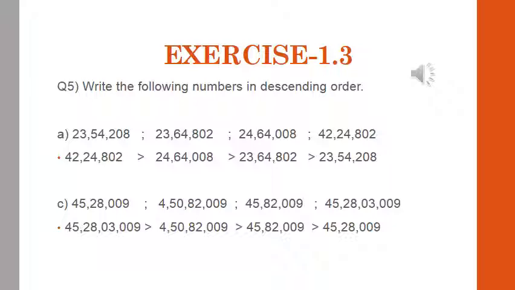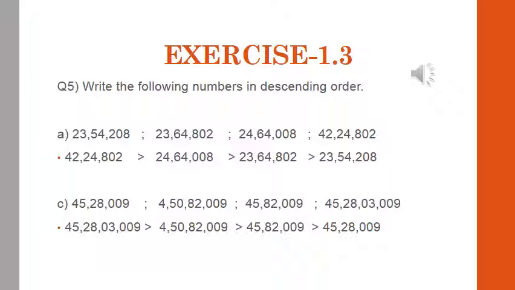And then the next smallest number to it is 4 crore 50 lakh 82,009, obviously. And if you talk about the two numbers which are left, that is 45 lakh and 45 lakh, the lakh period is the same, 45. So we have to move to the next period, that is the thousand period.